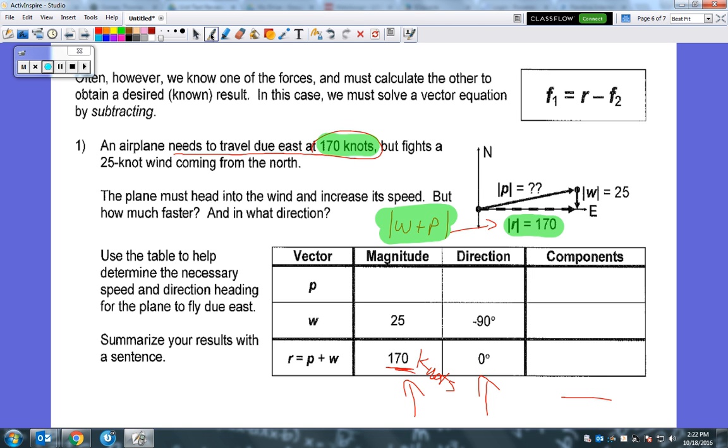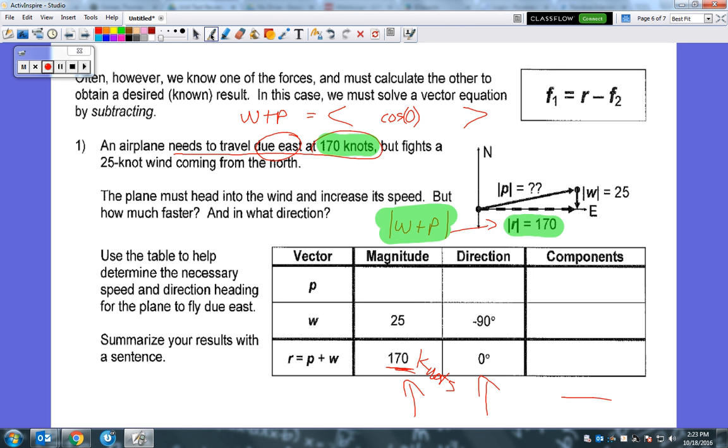And the components, those of you who have already done this in your calculator, your x component for the resultant, so the components will be the magnitude times the cosine of the angle. Now, what's the angle that I'm traveling at? 0, because it's east. What if it said that it was traveling from the east? What would your directional angle be?